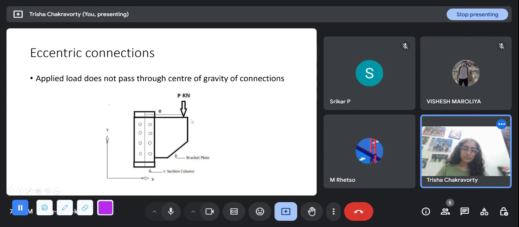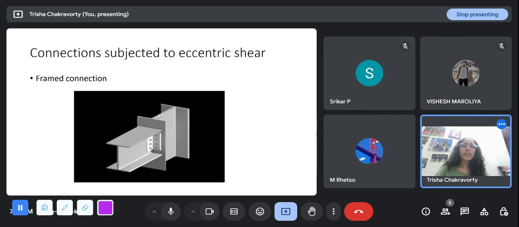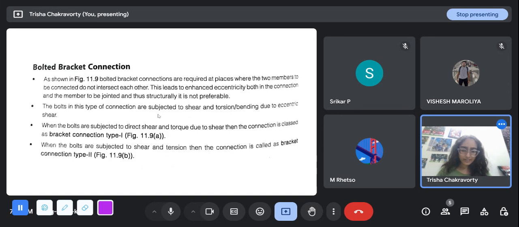But if you apply the force at a distance from the CG, then you know how a force P is transferred here: the P in the perpendicular direction will act as a compression, but P into E will also be an additional moment that the connection has to take. So that is an additional design criterion that we have to look into in eccentric connections.